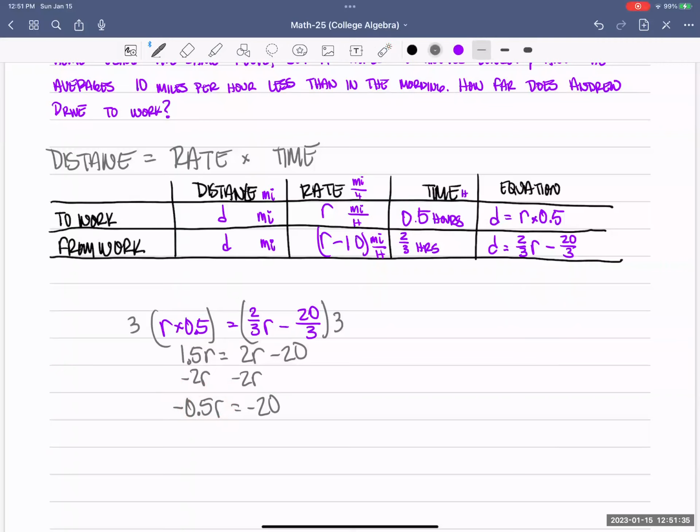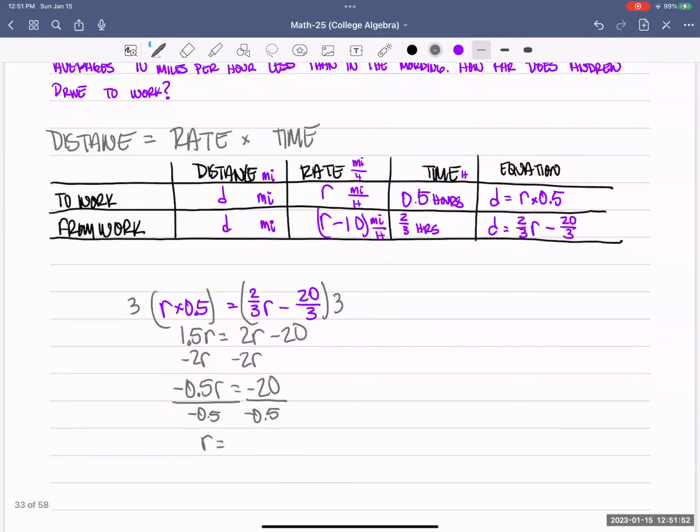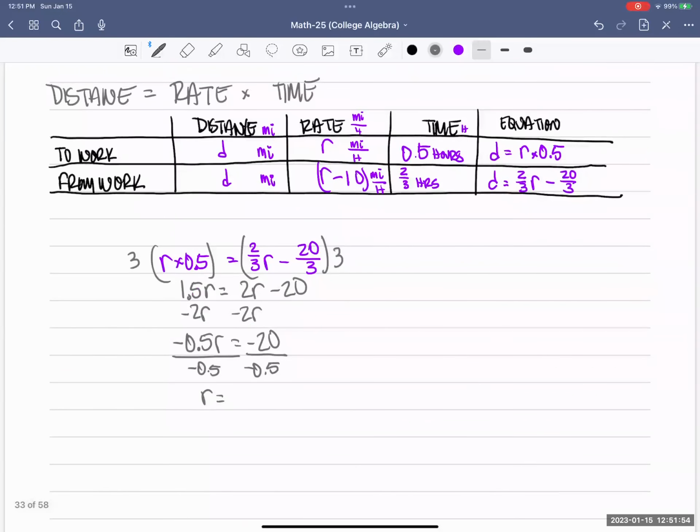Or if that confuses you, you could just divide both sides by negative 0.5 to get r by itself. At this point in your math career, I think you've developed a math style. So whatever makes more sense to you, you could definitely use that. But from here, negative 0.5 divides out with negative 0.5. Negative divides out with negative. And here we have r is equal to 40.